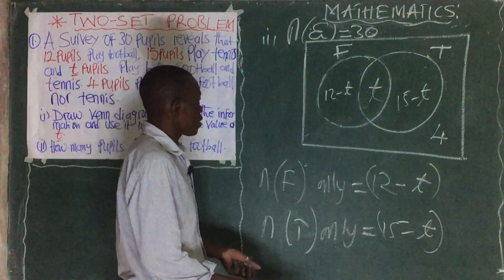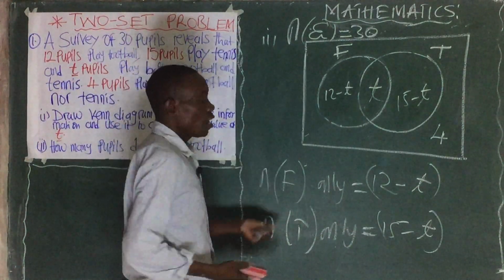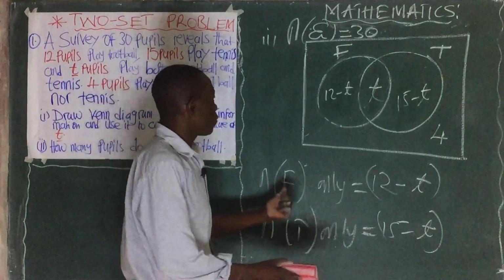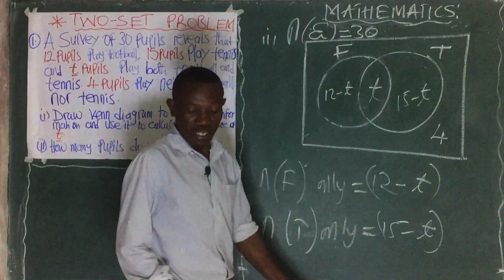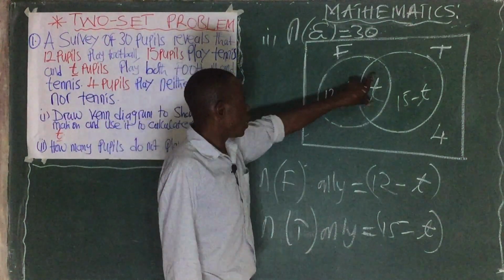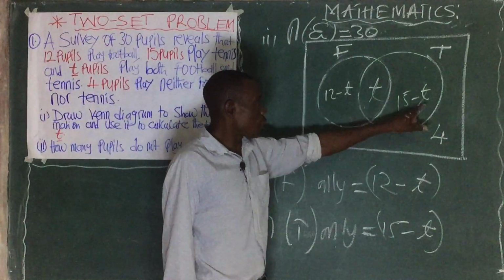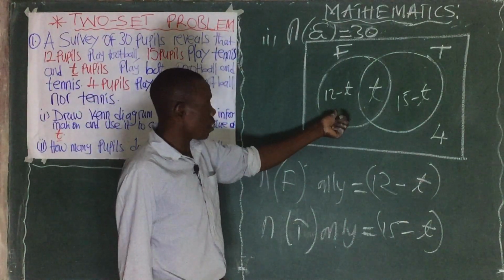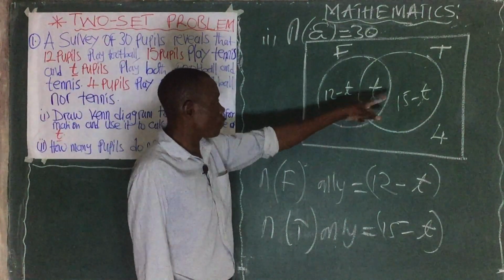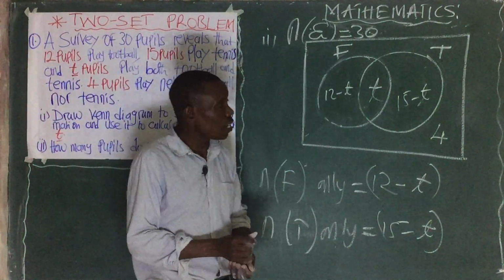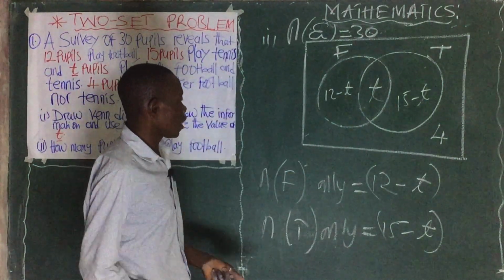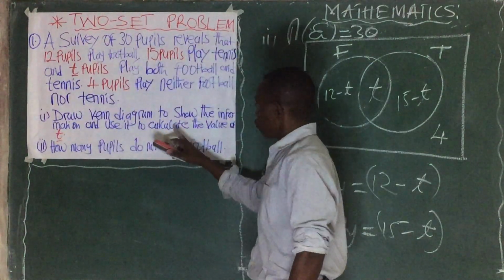In this case, our Venn diagram is of this representation. You can work out the value of t and substitute for t here to have a complete Venn diagram with real numbers only, without the variable t.